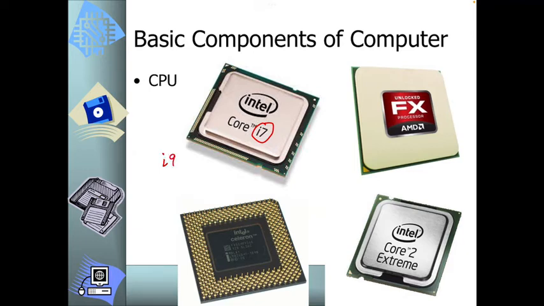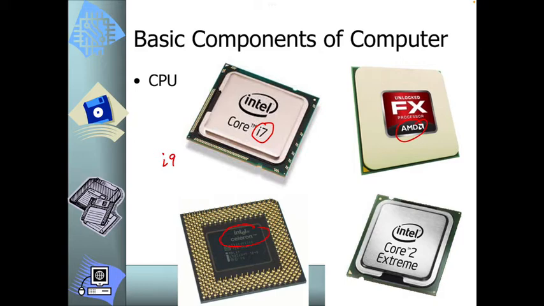We also have another type of processor, for example AMD, another company other than Intel. And for a low cost processor, for example, we have the Intel Celeron.